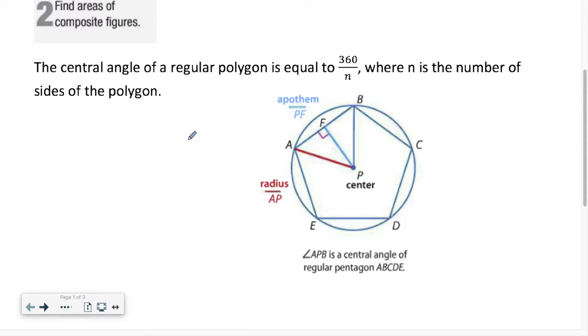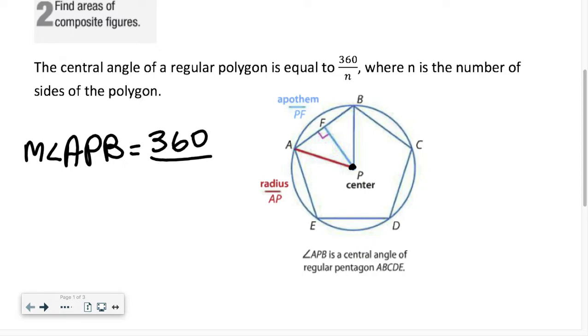The central angle of a regular polygon is equal to 360 divided by n, where n is the number of sides of the polygon. An example of a central angle here would be angle APB. The measure of angle APB is equal to 360 divided by the number of sides.